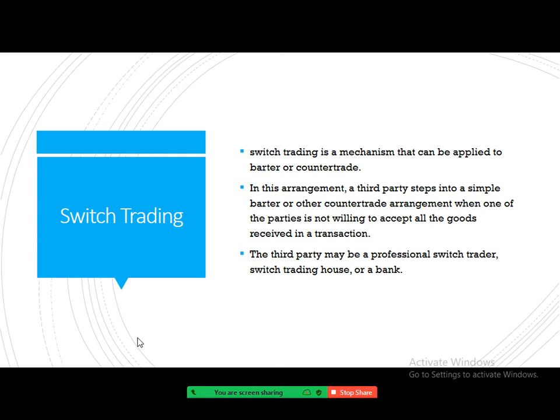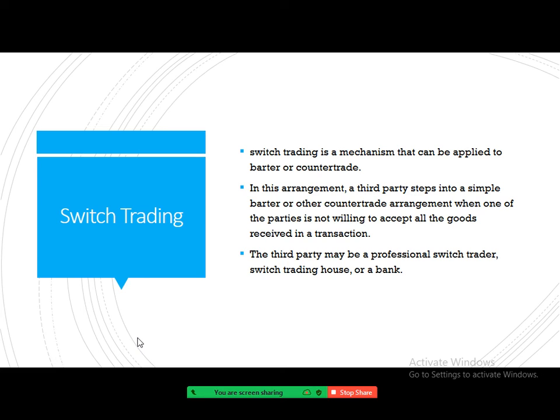The third party may be a professional switch trader, a switch trading house, or a bank. The switching mechanism provides a secondary market for counter trade or barter goods and reduces the inflexibility inherent in barter and counter trade. Fees charged by switch traders range from 5% of the market value for commodities to 30% for high technology items.